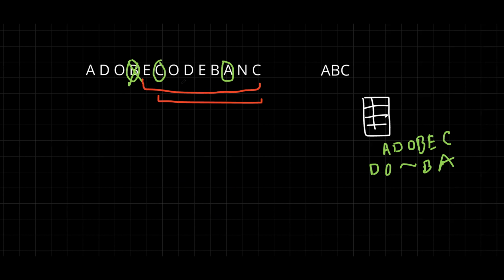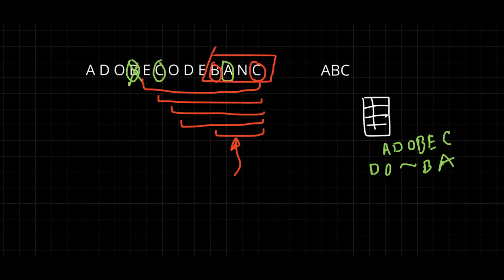This contains all of the elements A, B, and C, which is this. Now again, let us shrink the window, and by shrinking it, we will find this window, and the substring will be B, A, and C. And this small substring will contain all of the elements in the second string, which is ABC.